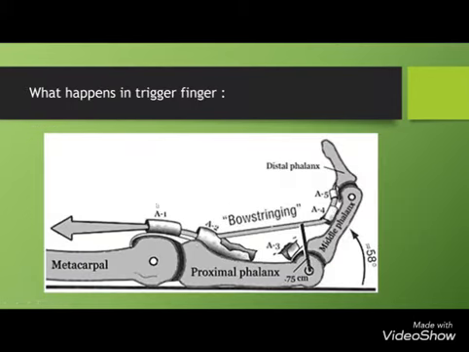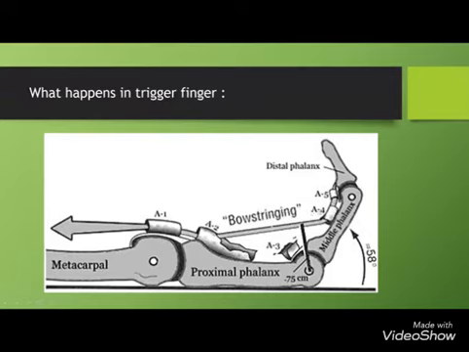But what happens in trigger finger is, the pulleys will be disturbed and the muscle here won't be able to flex the finger further, and the finger will get stuck in flexion or in extension.